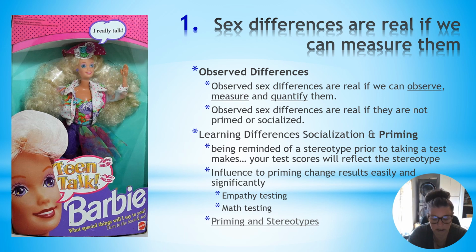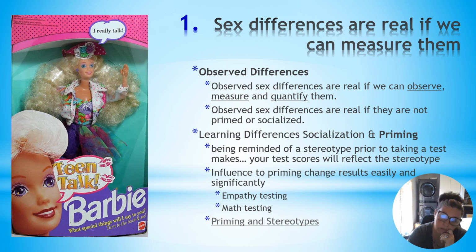a test that was done with males and females where they primed the population taking this test on empathy, that men were less empathetic than women. And then in some cases, they didn't prime the population. They didn't remind people that men were less empathetic than women. What they found was that when they primed just by one or two sentences prior to the test, men scored much lower on their empathy test than women.